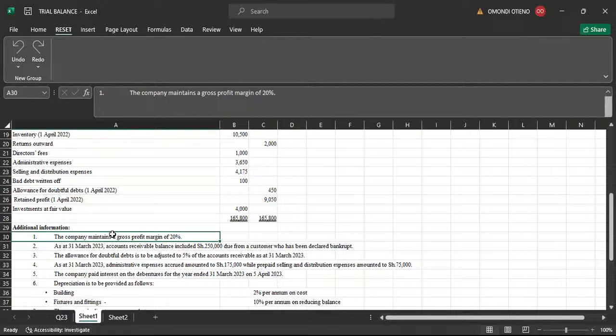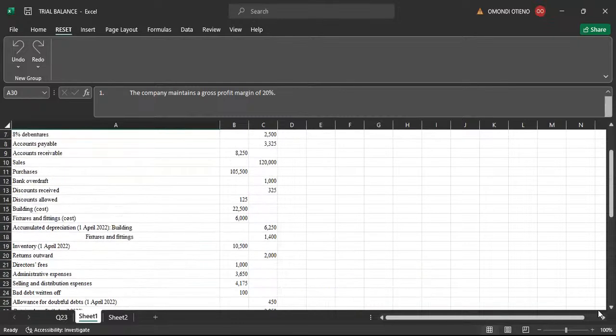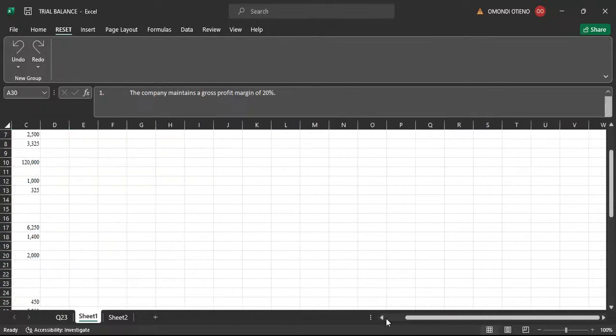Our denominator will always be sales. The moment you see the word margin, denominator will be sales. So this additional information is what will help you to get the closing inventory value. If you were in our yesterday's session, you will be able to tackle that.